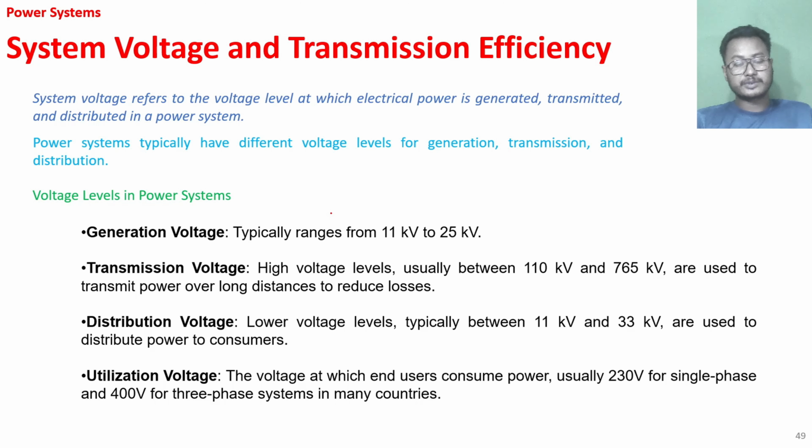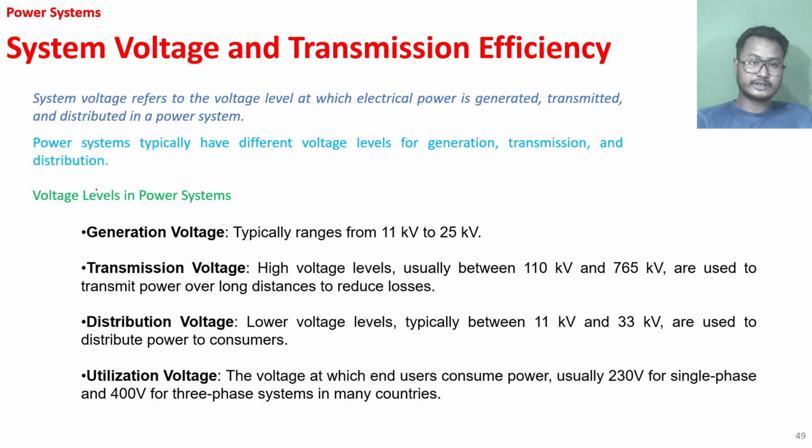So a power system typically has different voltage levels for generation, for transmission and for distribution. Means for generation there is one level of voltage, and in transmission there is a different level of voltage. Suppose it's 1 volt, it can be 2 volt, distribution can be 3 volts, like that. I'm just showing an example.